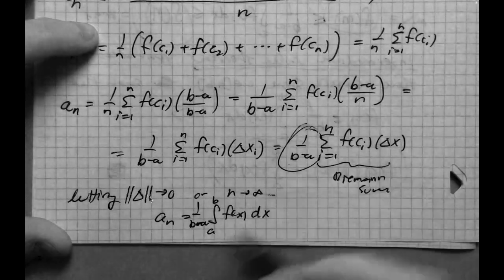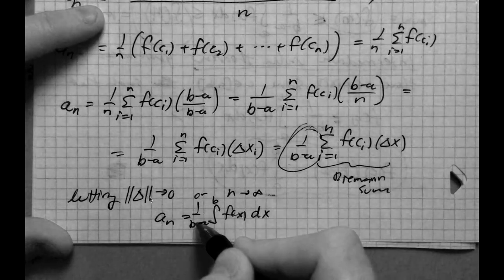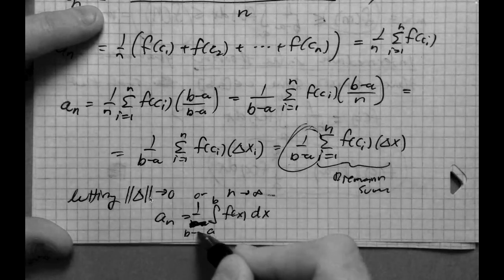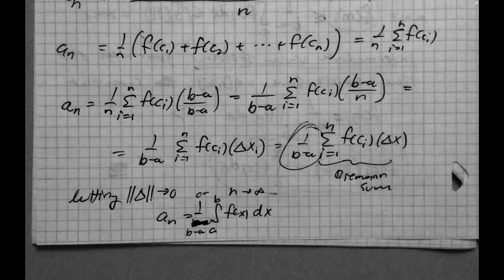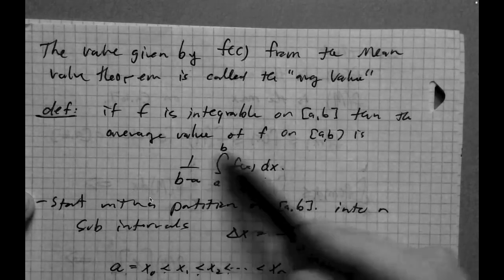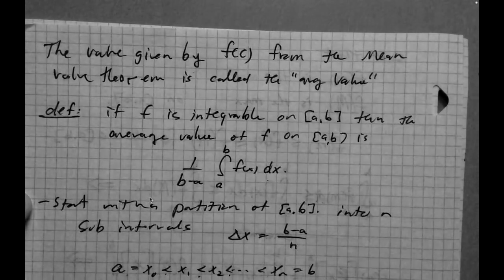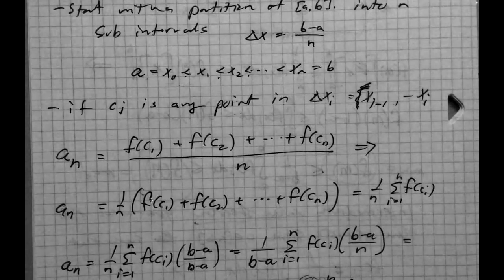Can't forget that part. That's b minus a. Okay, and that's basically the definition, right? So it says the average is just has this form. Very nice.